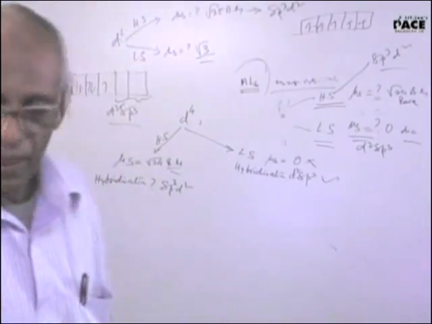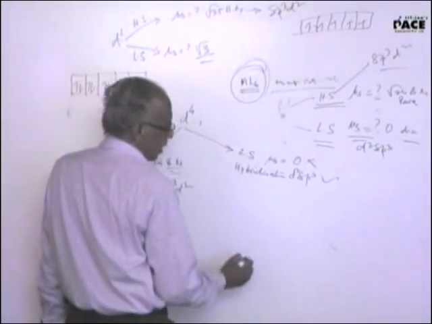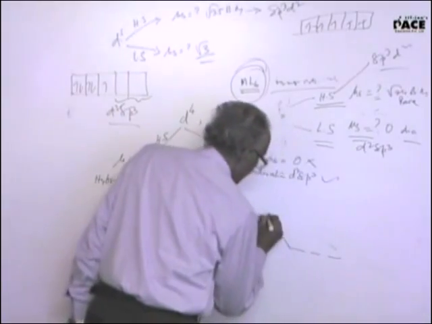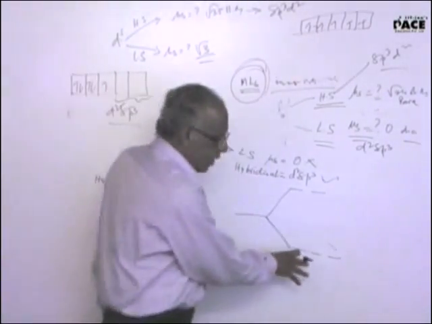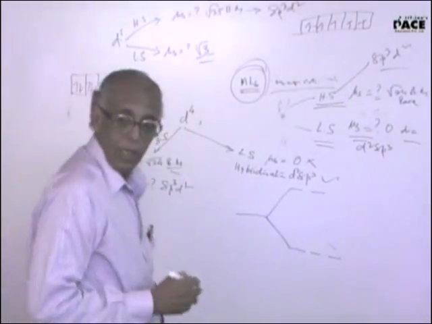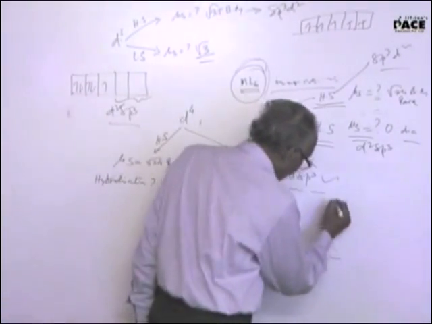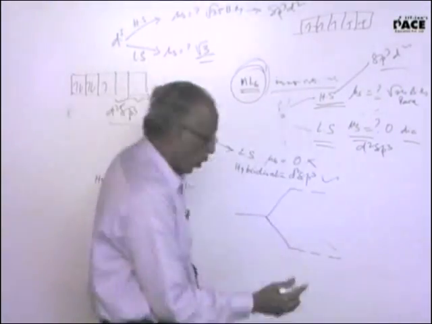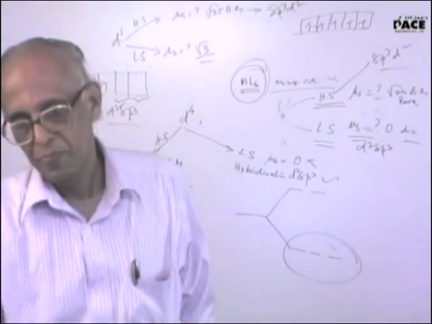In octahedral geometry, which we are discussing, the d orbitals will split into two sets, x square minus y square and z square. I have already told you when I discussed the color. So, when it is low spin, that means the energy gap is large, so the electrons would occupy the lower energy orbitals.